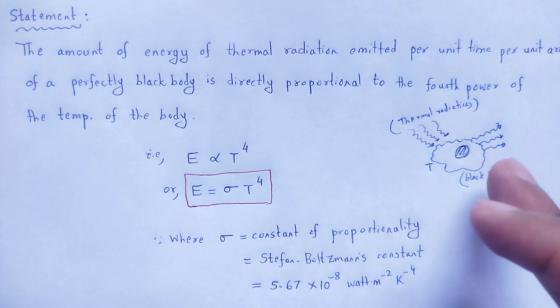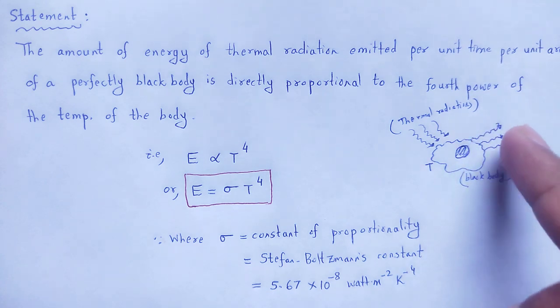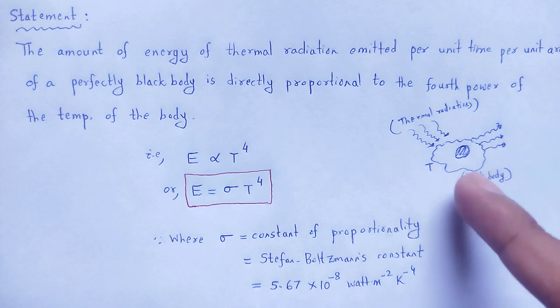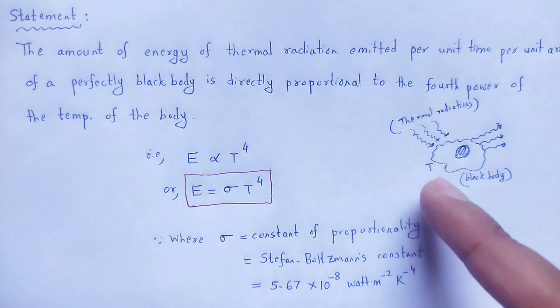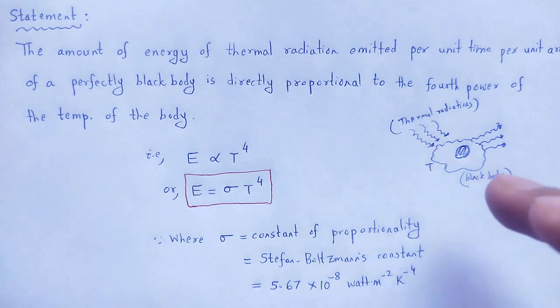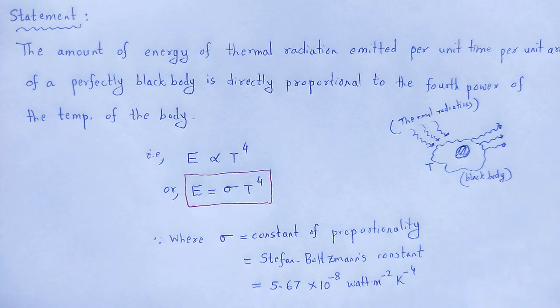How does the amount of thermal radiation emitted depend upon temperature? As we studied, black body radiation is purely temperature dependent. So, how is it related to that temperature?